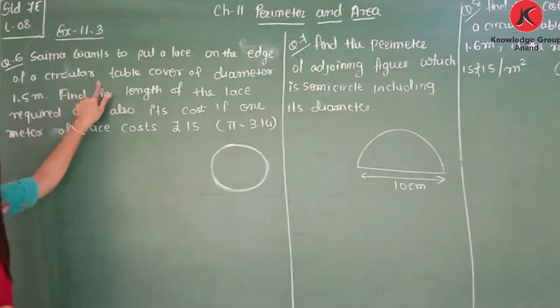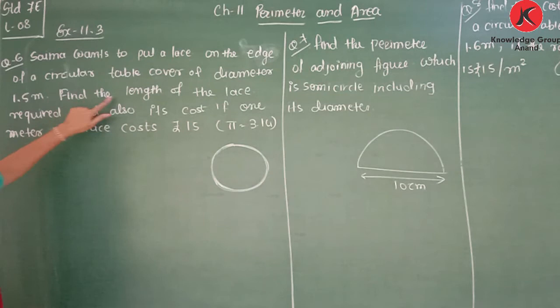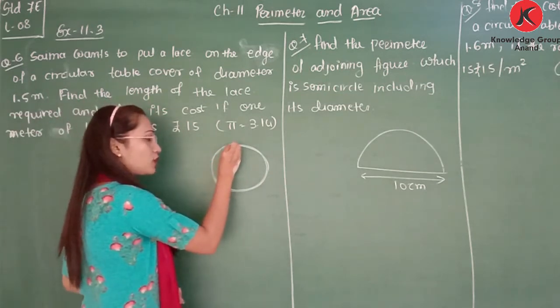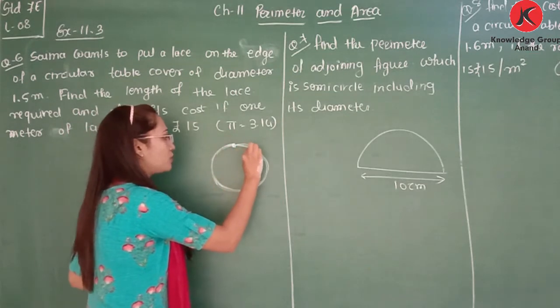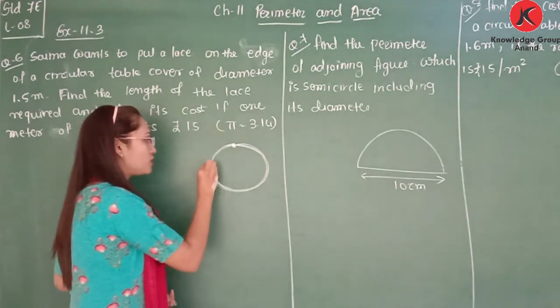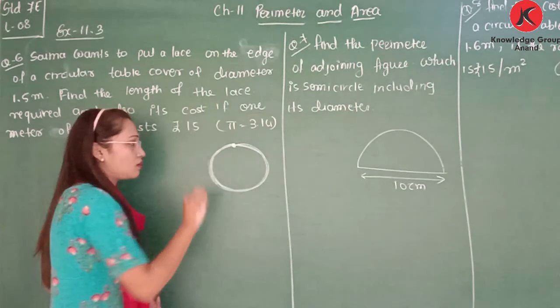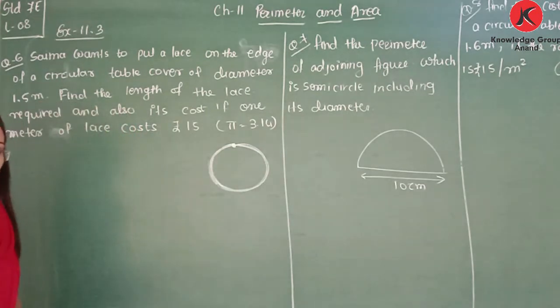So we need to find the circumference, the length of the lace. What will be the length of lace? If we start from this point, we put a lace on the outer border of this table. So this is nothing but the circumference of the table.